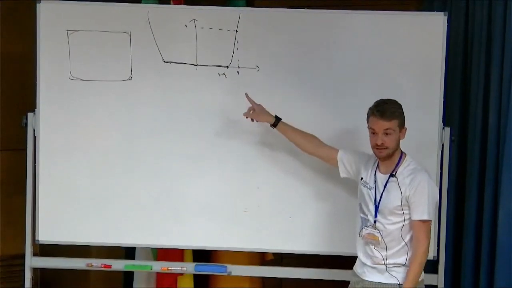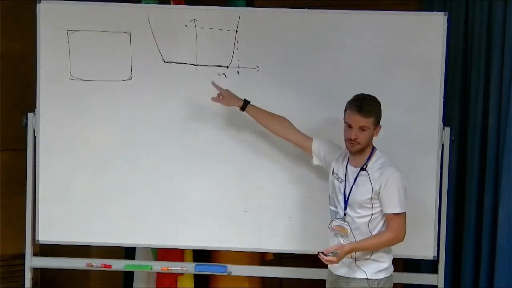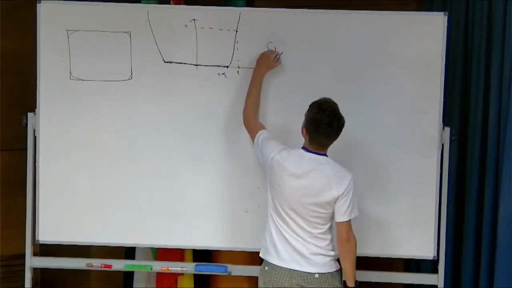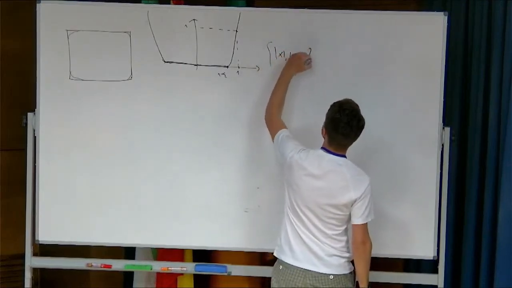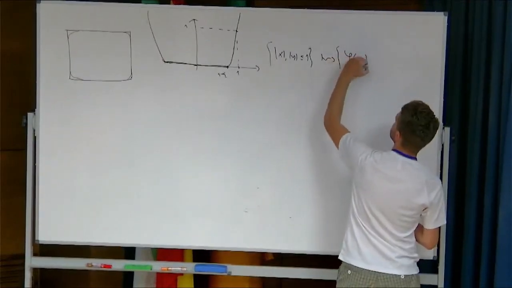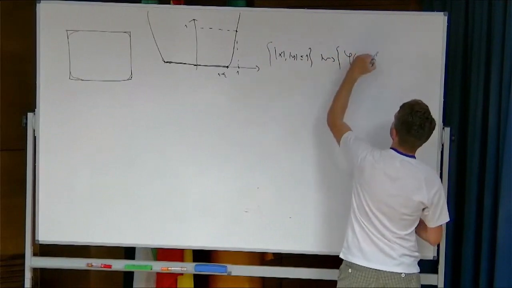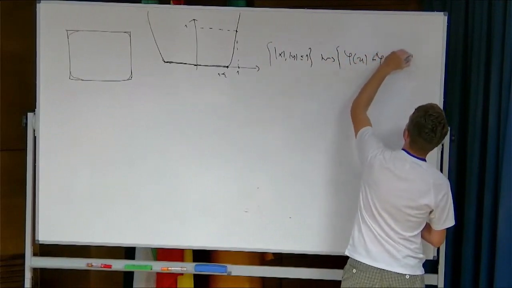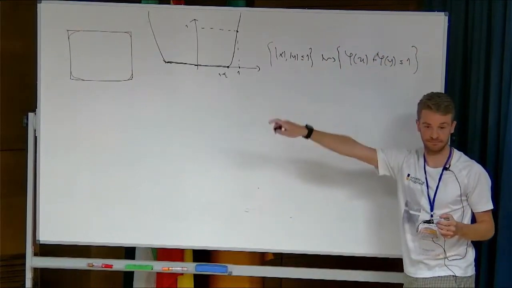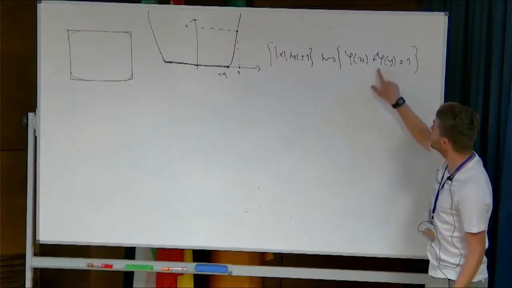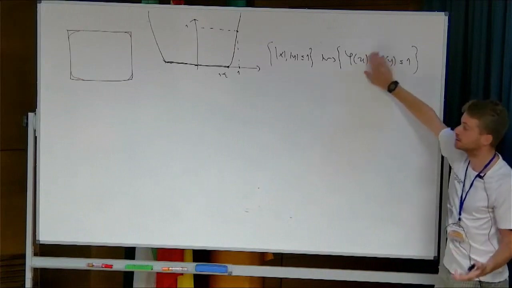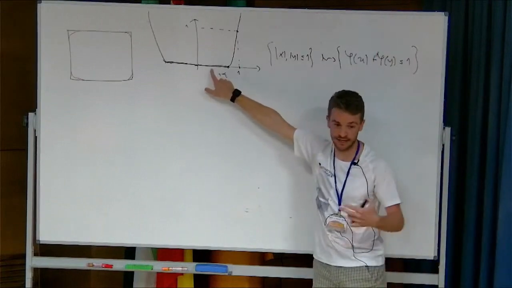Now in the plane, instead of looking at the maximum between the absolute values of x and y, the set of all points such that x and y are both less than 1, I replace it with the set of points such that phi of x plus phi of y is at most 1. I claim that this set contains the red piece over there. Why? If y is in the interval up to 1 minus epsilon, phi of y is 0.